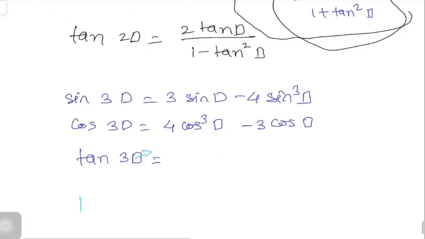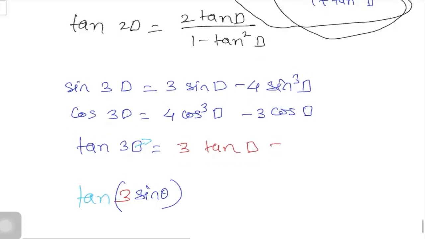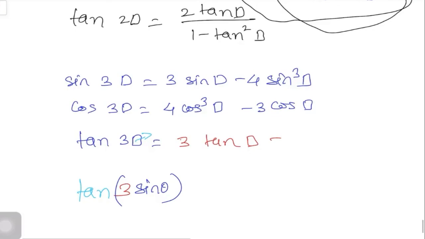To evaluate tan 3 times of sine theta, this is what you are going to evaluate. So how are you going to evaluate that? With the help of this formula only. Tan 3 theta is 3 tan theta minus tan cube theta divided by 1 minus 3 tan square theta.